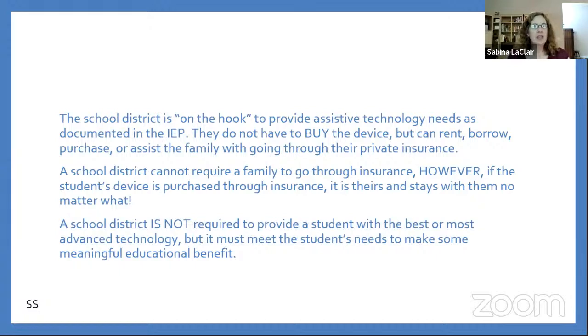Ours will include those that are specific to Tennessee and also national sources that our families could look at for either funding a portion of the device, such as if you have a copay or something like that, or if the device is denied through your insurance for purchase, looking at putting together some supplemental funding to get that device. And again, if it's done in this outside manner, the device would belong to the student.